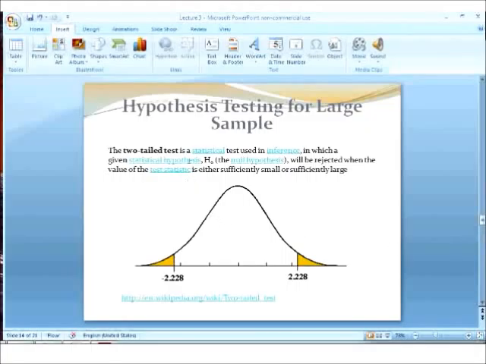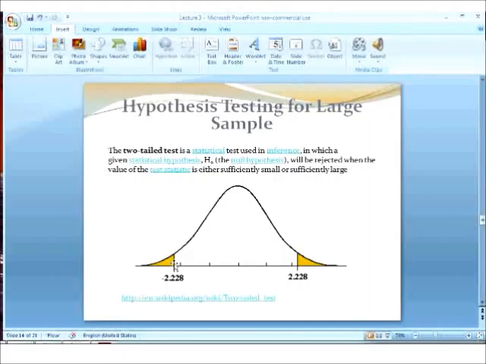However, a two-tailed test is a statistical test in which a given hypothesis, let's say H naught, will be rejected when the value is either sufficiently small or sufficiently large, which means we do not define a definitive increase or decrease, but we say that it could be either between this and this.